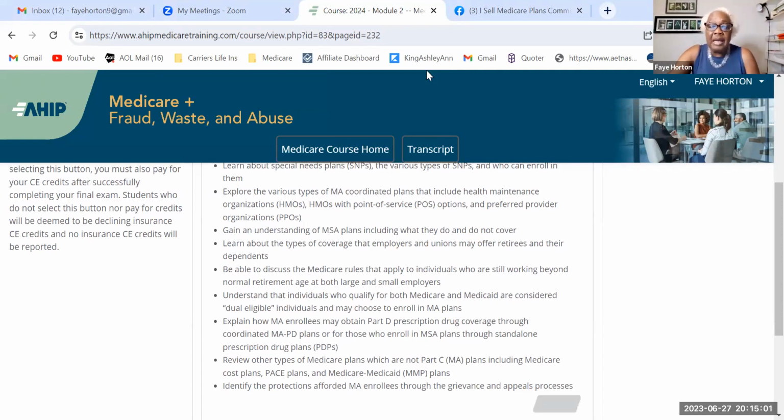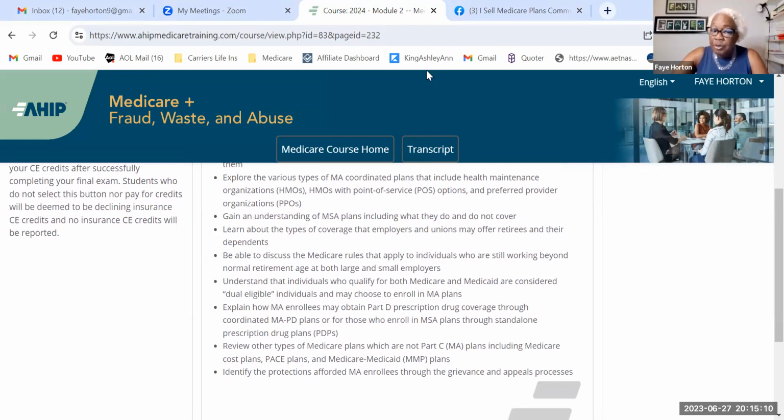You'll learn about the types of coverage that employers and unions may offer retirees and their dependents. You'll be able to discuss the Medicare rules that apply to individuals who are still working beyond normal retirement age in both the large and small employer businesses.